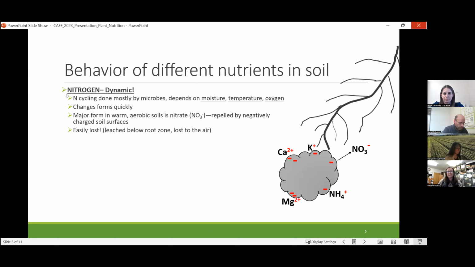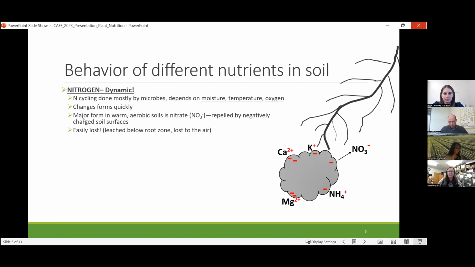Next, I want to take us through some general behavior of different nutrients in the soil. When you think about nitrogen, I want you to remember the word dynamic. Nitrogen isn't really contained much in rocks. It mostly comes in organic matter. It's always being cycled, and this cycling is mostly done by microbes, so it'll depend a lot on the moisture, the temperature, the oxygen. It changes forms really quickly.